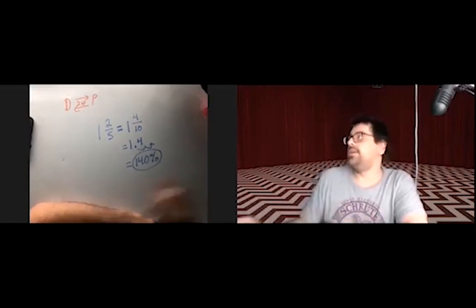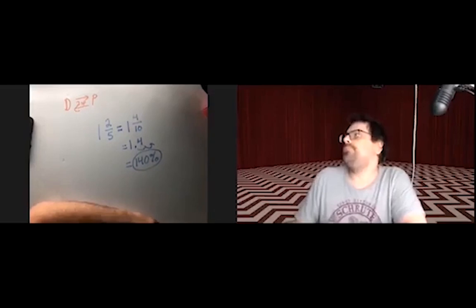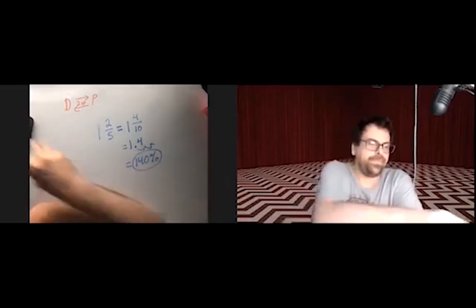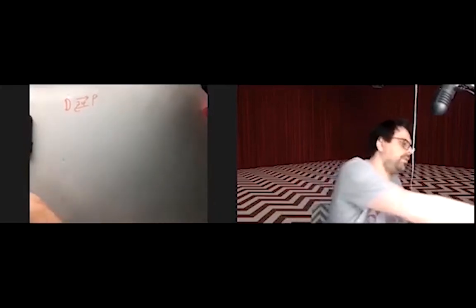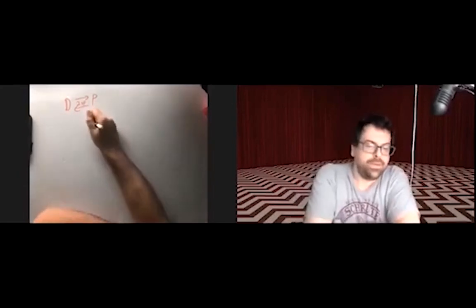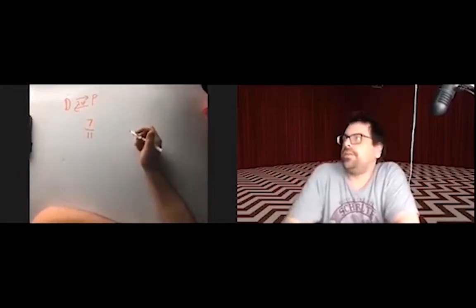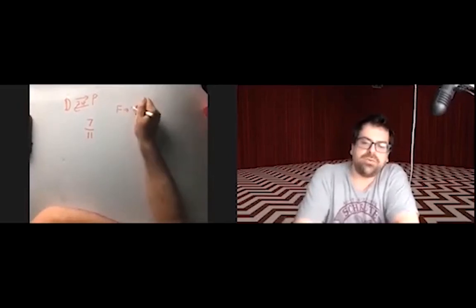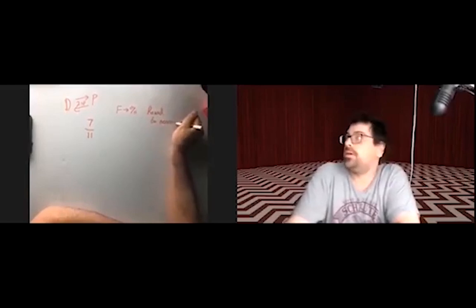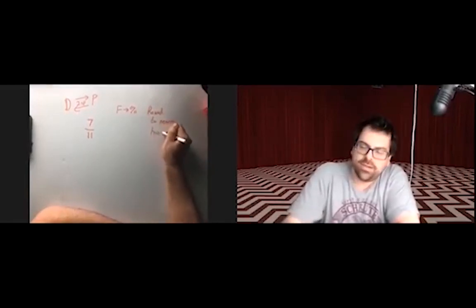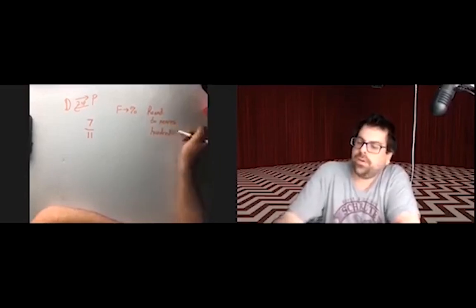For some more fun examples. Seven elevenths, fraction to percent, round to the nearest hundredth percent.